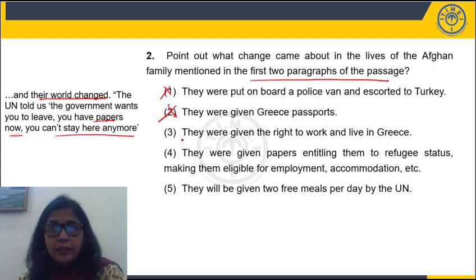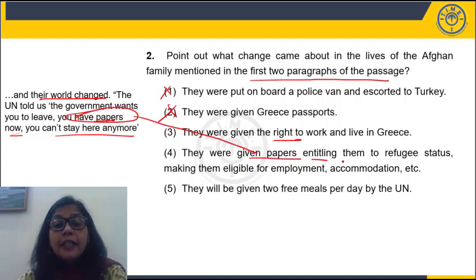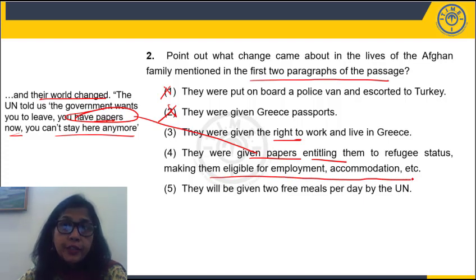Okay. Again, keep on hold. Then when you go to the next one, they were given papers. So the right to work, and here it says, see, you have papers. So from there directly, they were given papers entitling them to refugee status, making them eligible for employment, accommodation, etc. See how the fourth option differs from the third one.